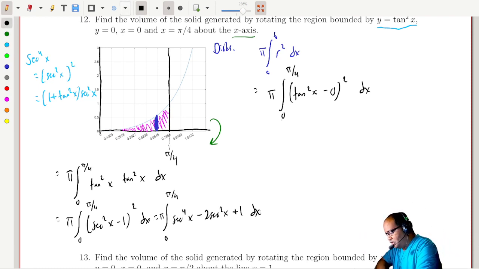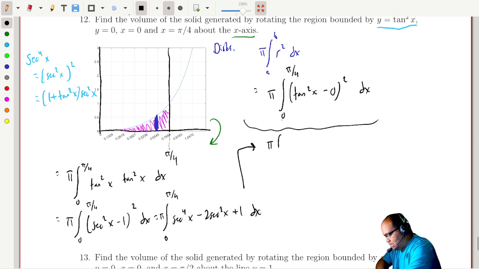When we do the rewrite, I'm running out of room here. So we have pi times the integral from 0 to pi over 4 of secant squared x times 1 plus tangent squared x, minus 2 secant squared x plus 1, dx.